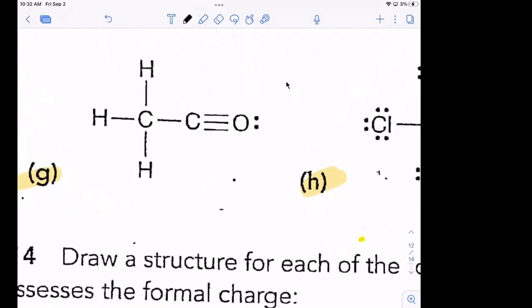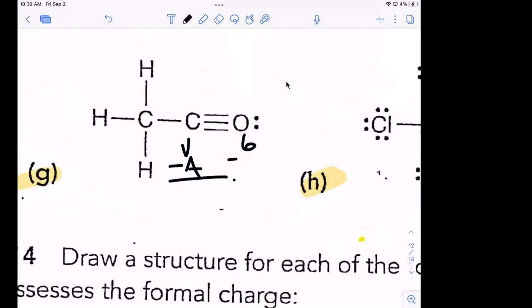What about oxygen? What do we got? What's the valence? How many valence electrons does oxygen have according to the periodic table? 6. Good.